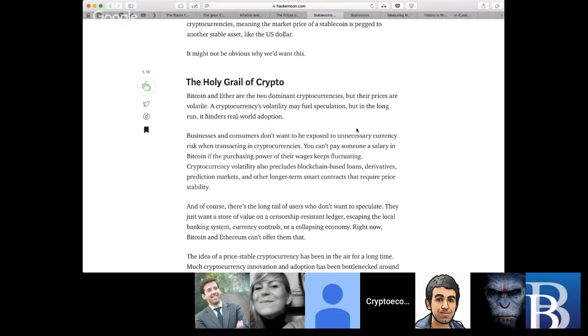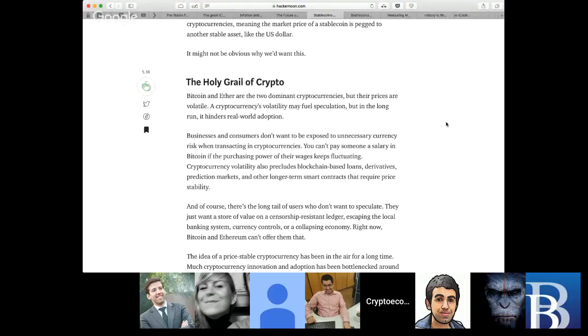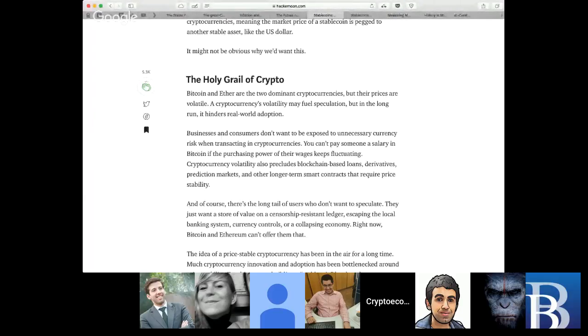If you have to adjust for the price of what you are invoicing every day, you can't even do that in the future because you can't predict really what the price is going to be. So it's really difficult.